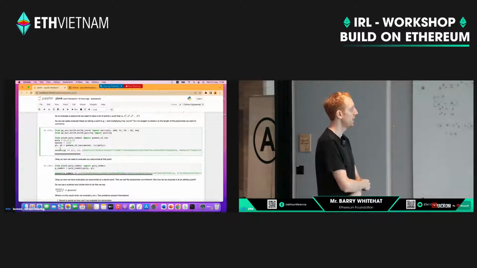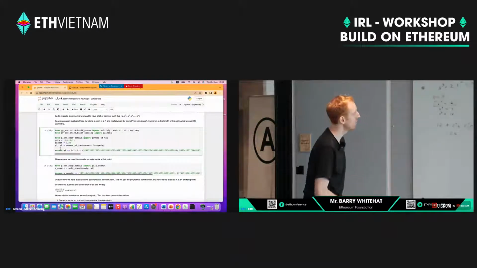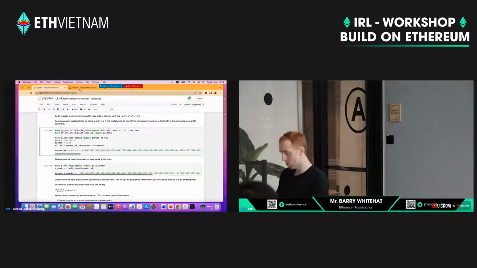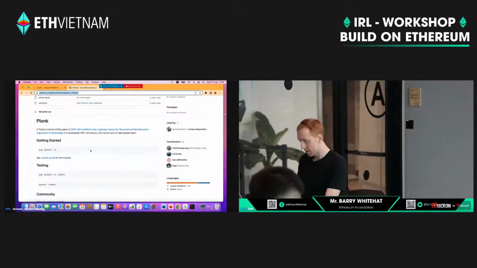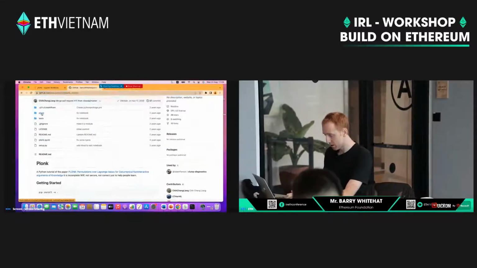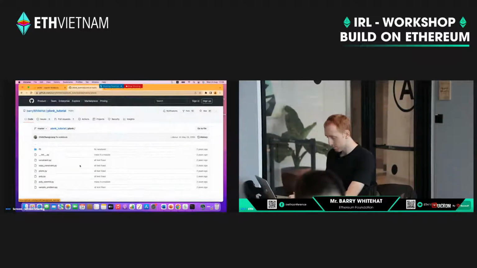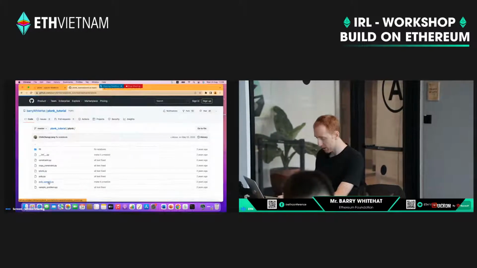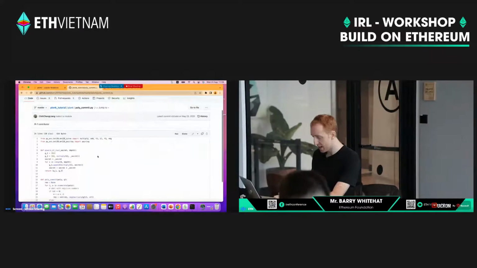Let me try and bring up the actual powers of tau code because I want to go through that. It's in the library here somewhere, so let me check. Probably in polycommit. Here we go, powers of tau.